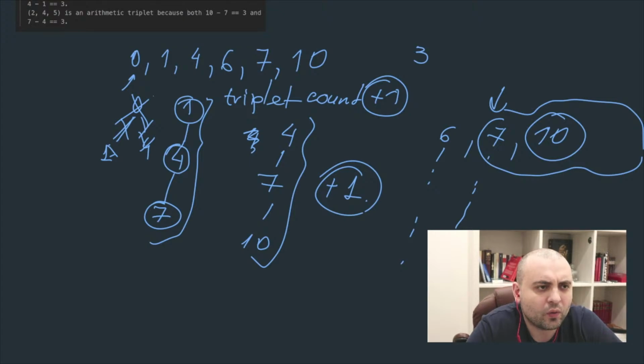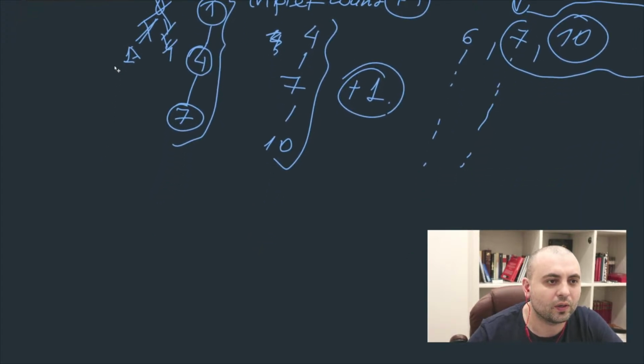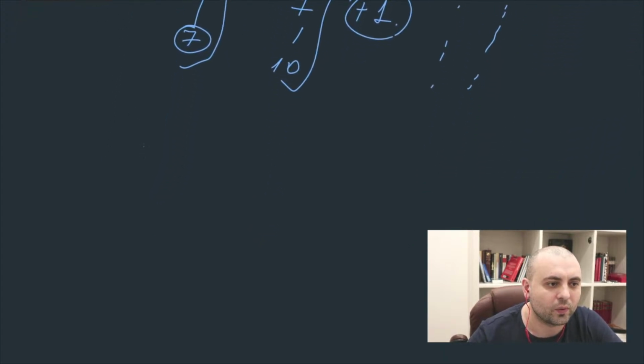Yeah, so we have our vector. And what we can try to do, it's not necessarily a dynamic programming approach, though we can try the following. So we know the difference. This means we know the possible triplet, if it exists or not.